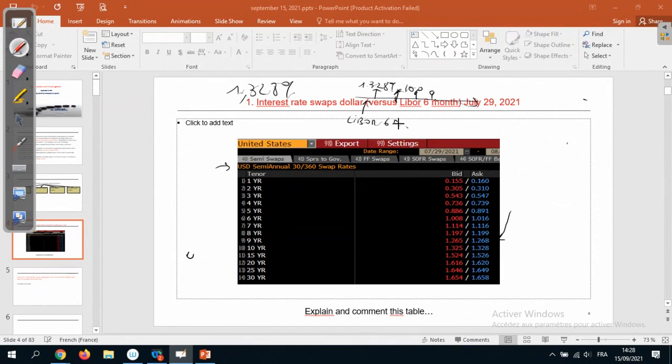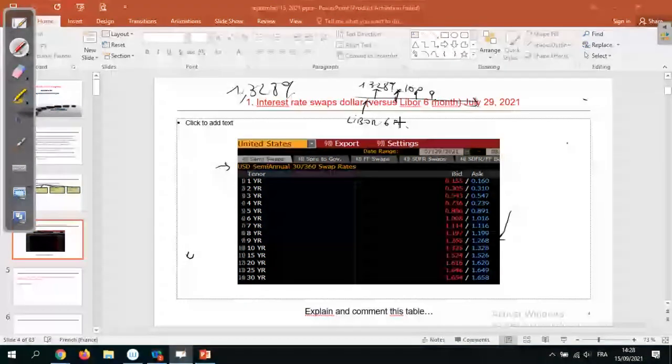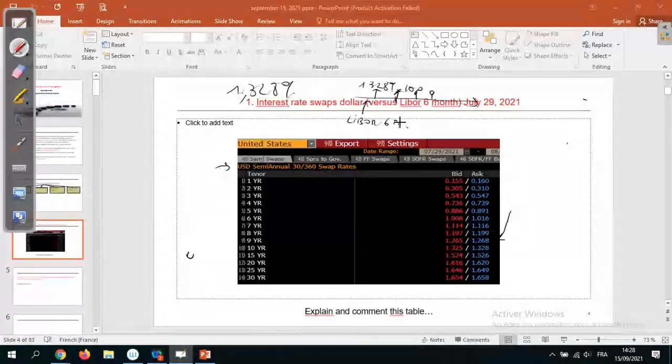Okay? So if you have a debt on a variable basis, you make a swap paying a fixed rate today, or at the end of July, same thing. The swap rate was 1.32%. You receive variable. You are no more indexed on a variable rate, because you pay on your debt and receive the same thing on the swap, and you just pay 1.30%.